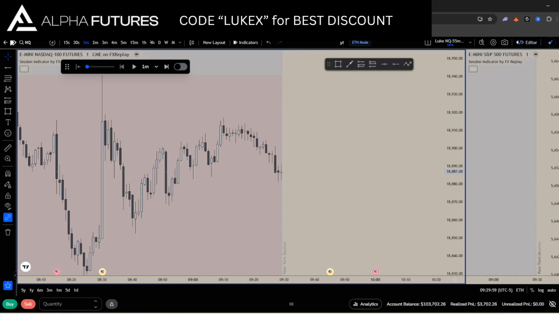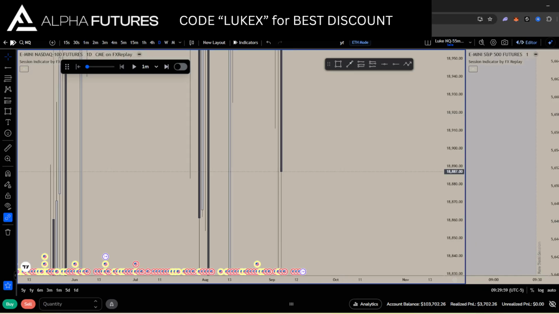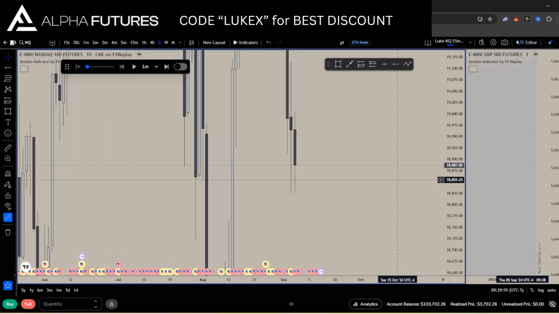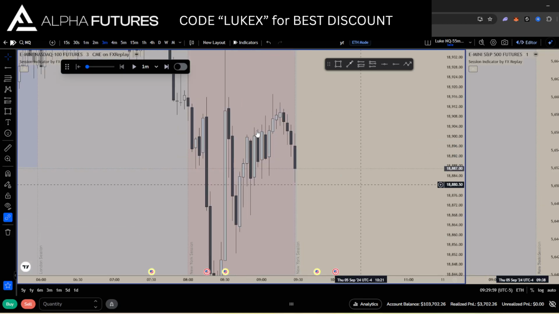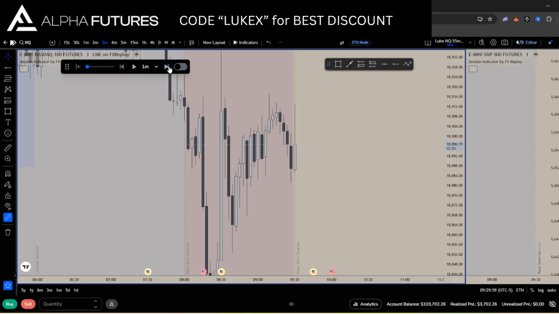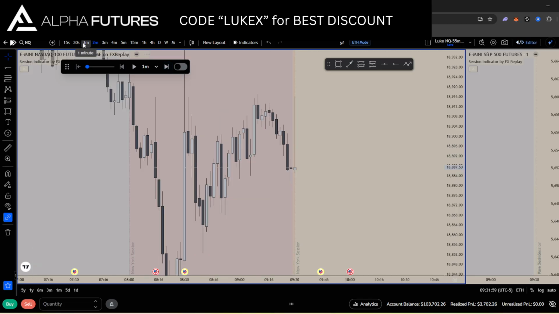All right. We left relative equal lows with the previous day low. All right. Probably gonna flush this, maybe not. Okay.